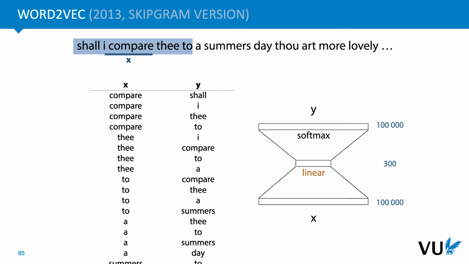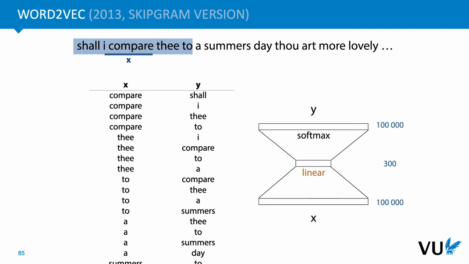So we have this neural network that has an input layer that is as wide as the number of words we have. We feed it a one-hot encoding of the word X. It's passed through this linear layer. We get an output of 100,000 dimensions, which we softmax so that we get a probability distribution over all words. And then we can simply train to maximize the log likelihood of the observations that we have on the left.